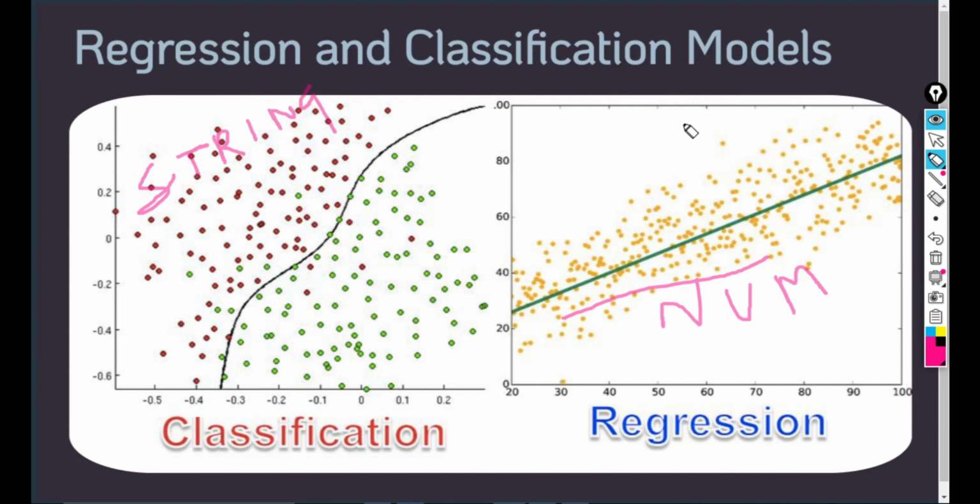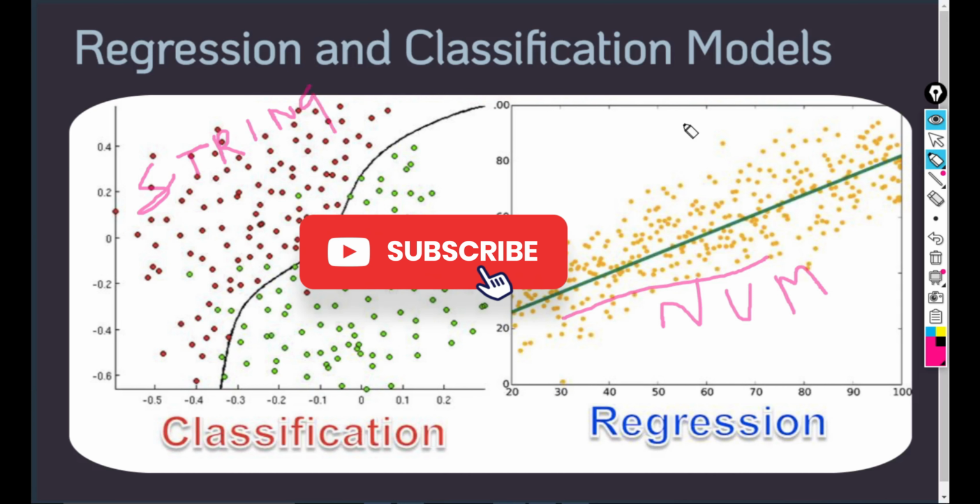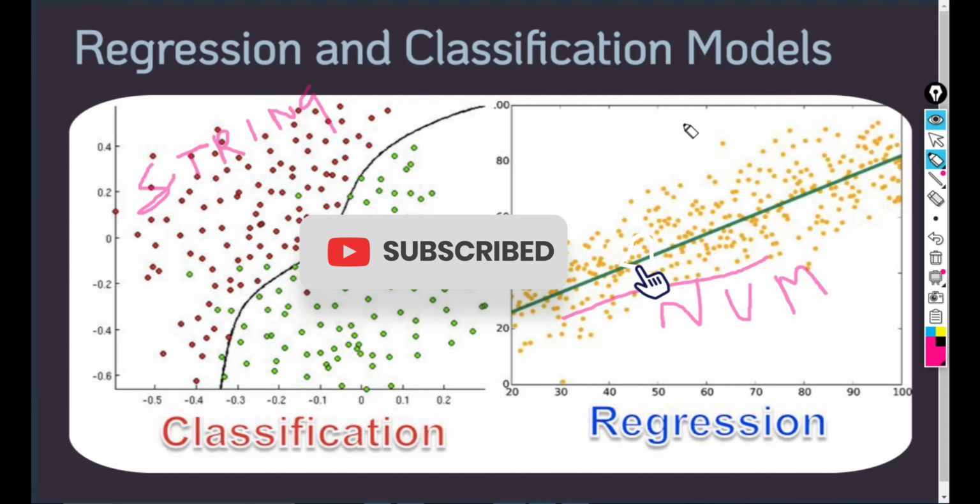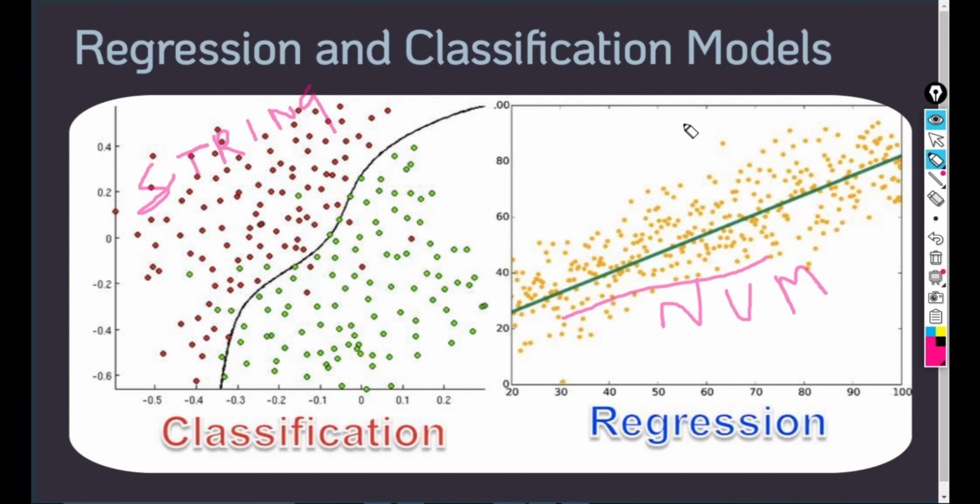So from these two graphs, we can see one is having a numeric prediction, the other is having a string prediction, or a textual prediction. In regression we get a straight line, and in classification we get a crooked or S-shaped line. We can say in regression the relationship is linear, but in classification it is non-linear.